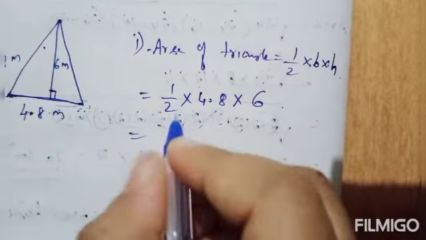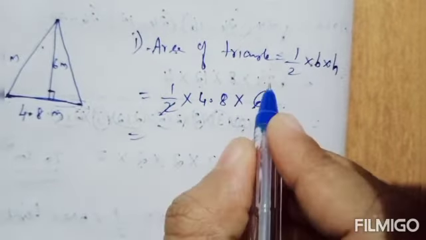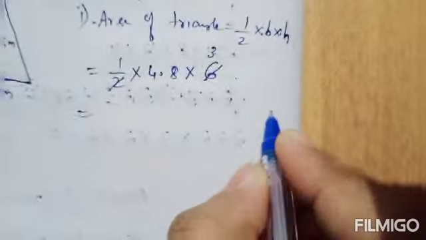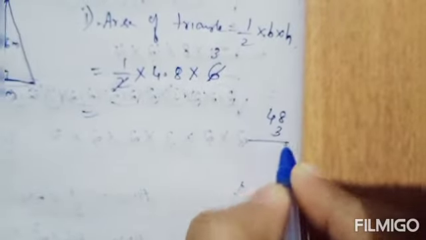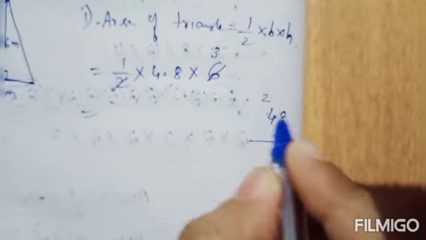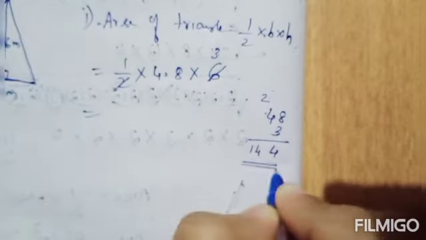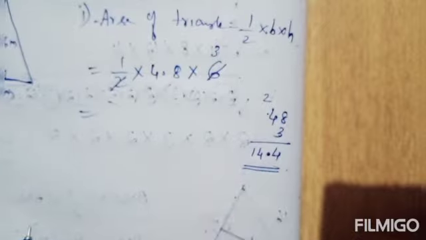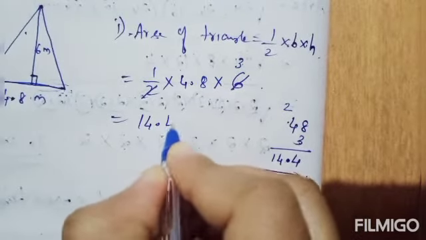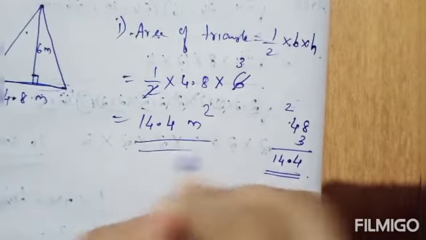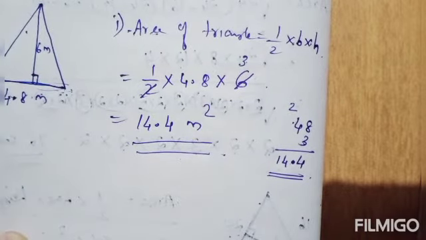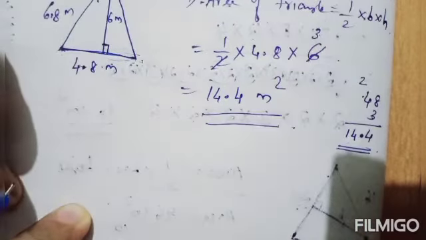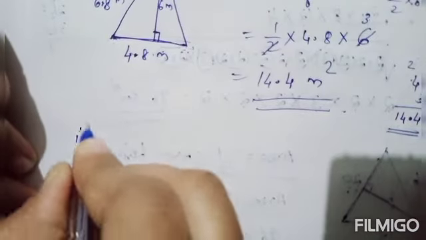Now here 2 and 6 will go in 3. Now 4.8 into 3, 48 into 3 you can find, you will get 144. So the decimal point is coming, 14.4 meter square. This is the area of the triangle.